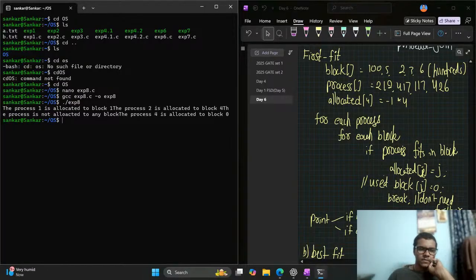Is that it? Process 1 is allocated to block 1. That is the 500 block. Okay. And the process 2, 417, can be allocated to only block 4.